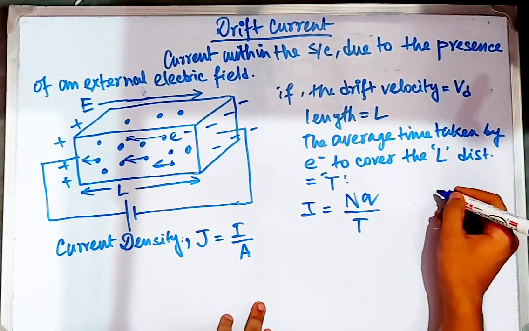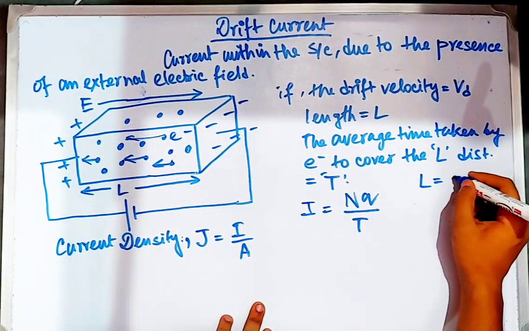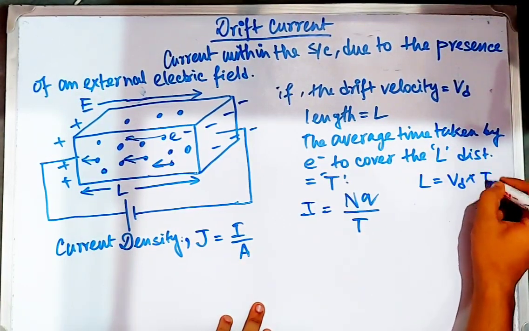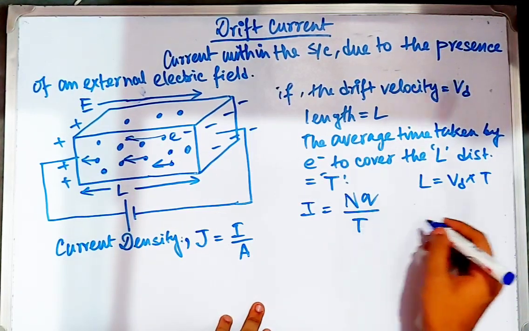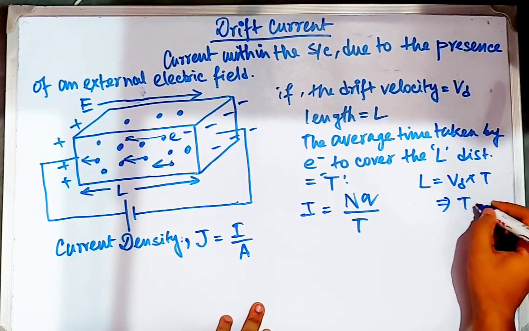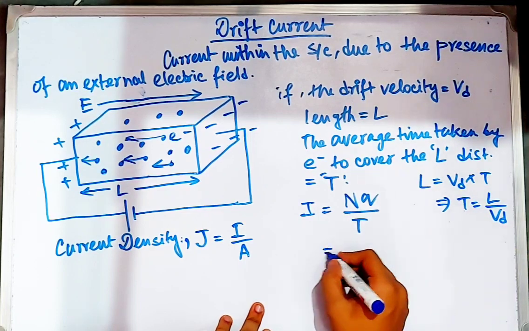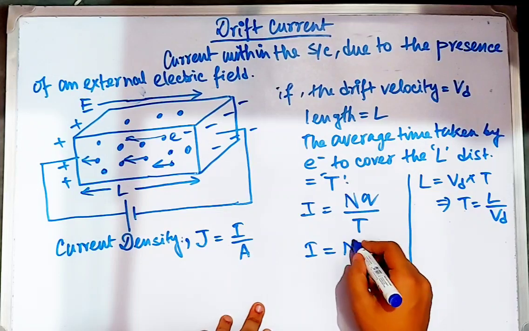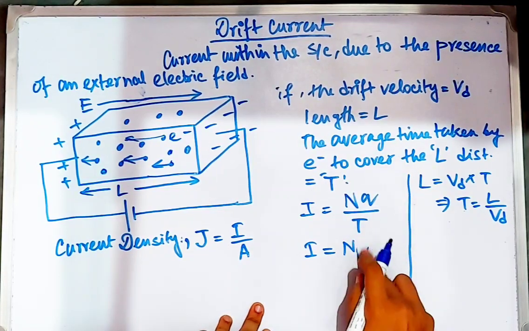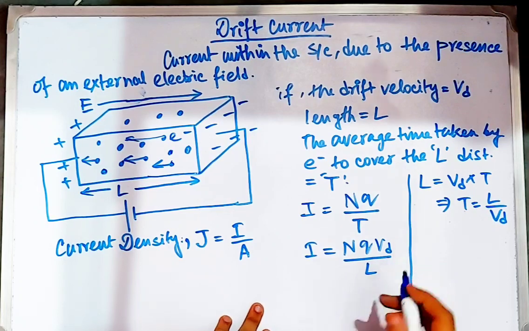And from kinematics we know that length is always equal to velocity into time. So if I replace this t with L by Vd, then of course I equals n into q into Vd by L.